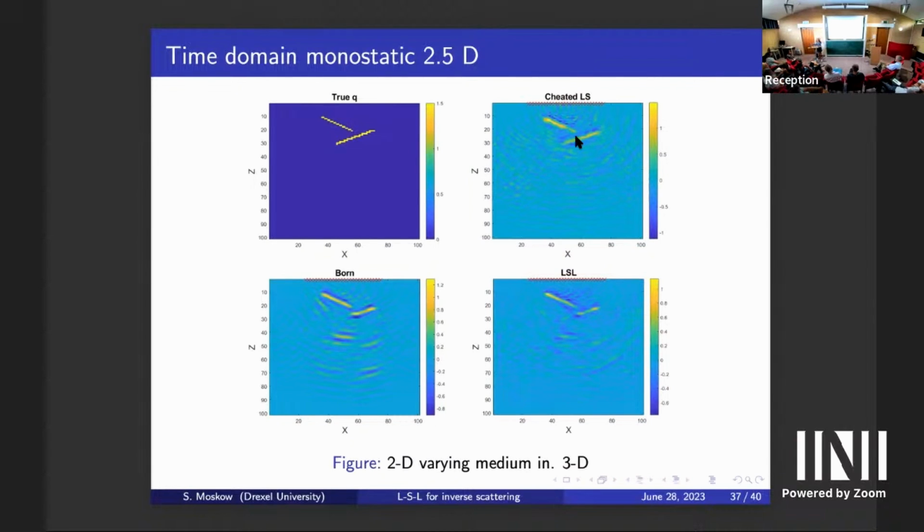So that's cheating. And here, if we do inverse Born on this, we get these extra echoes. But if we do this algorithm, many of these echoes are reduced here. So this is with the monostatic data.